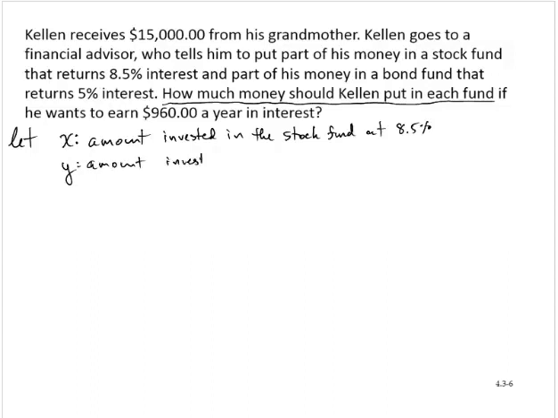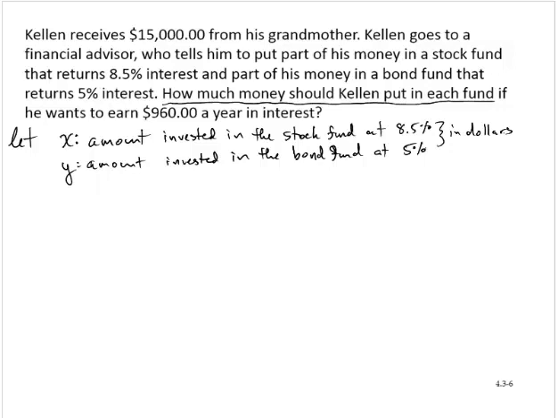invested in the bond fund, and that is at 5%. And each of these amounts invested are in terms of dollars. So now we have two different situations going on.